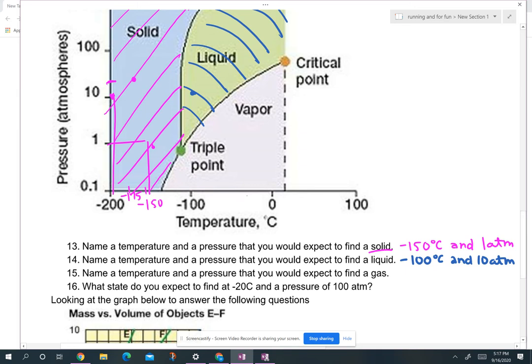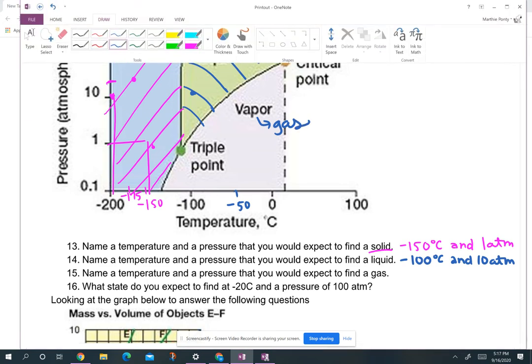You can also say negative 50, and then if you put the pressure up to 100, that's another answer that you can get. So pretty much if you're able to point out a reasonable point in that area, you should be able to figure out if it's a solid, a liquid, or a gas. Sometimes they'll say vapor. Vapor means gas.